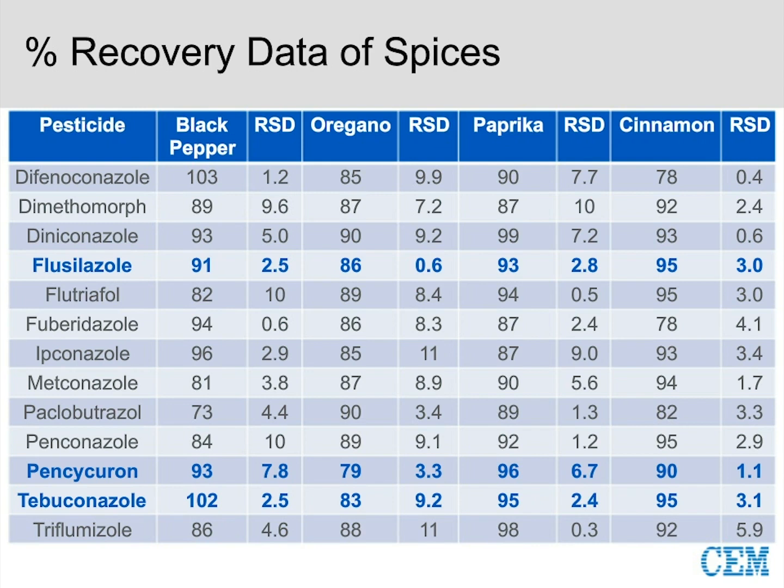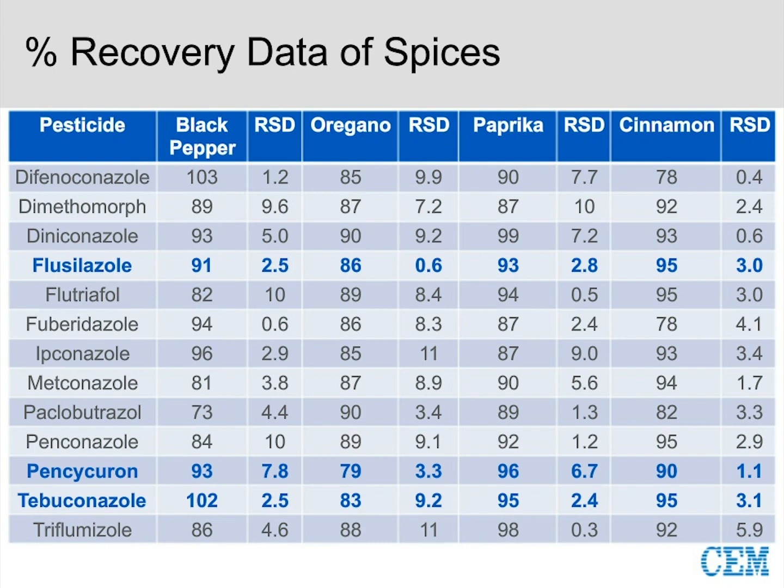The pencycuron is an acute toxin, and the tebuconazole is a possible carcinogen. So just here, a fairly small set of fungicides, and 3 of them are ones that have potential health concerns. So that brings in the reason why this is a big topic. There's a lot going on here, and there's a lot of research still to be done and interest out there.